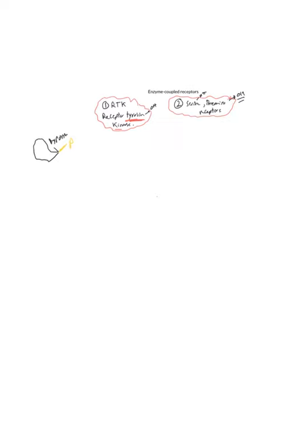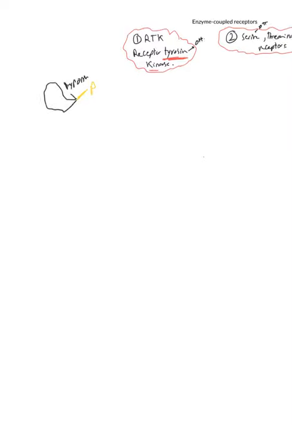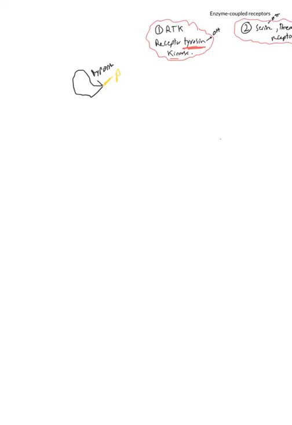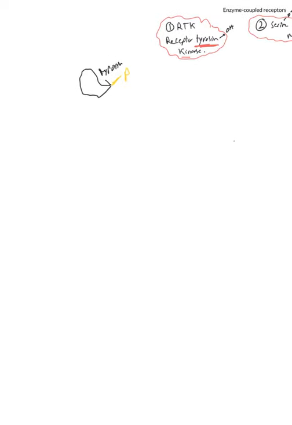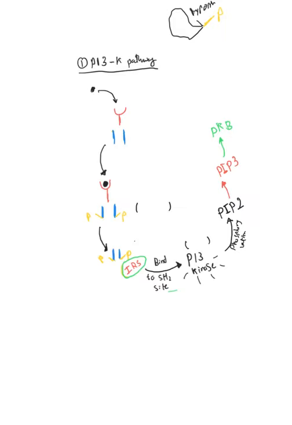So as I just said, the RTK, receptor tyrosine kinase, has three pathways. And one example of this is insulin. So insulin uses the PI3K pathway, and this is a type of kinase.